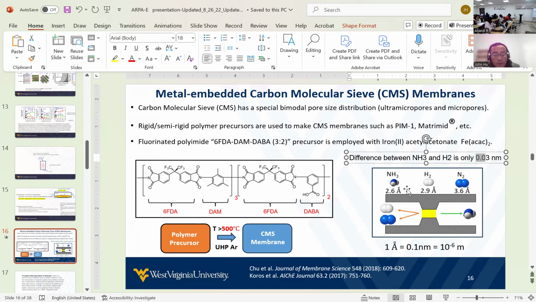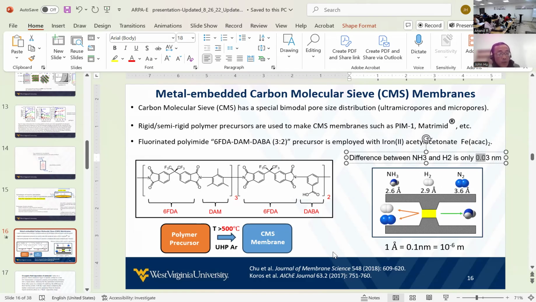But if the opening is a little bigger, no one will go through. For example, if you make this yellow opening 2.5, all three of them will sit on one side. But if you make it 3.0, nitrogen will go through, and hydrogen and ammonia will stay on one side. It's very tricky. That's a little window.